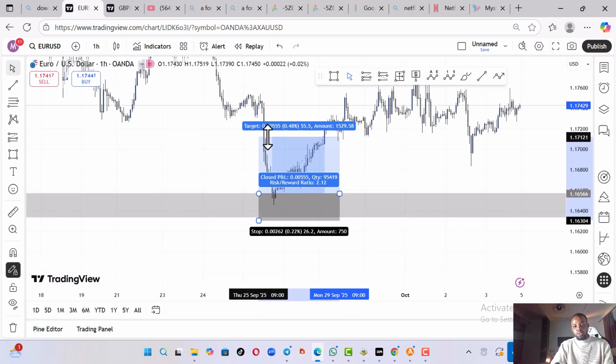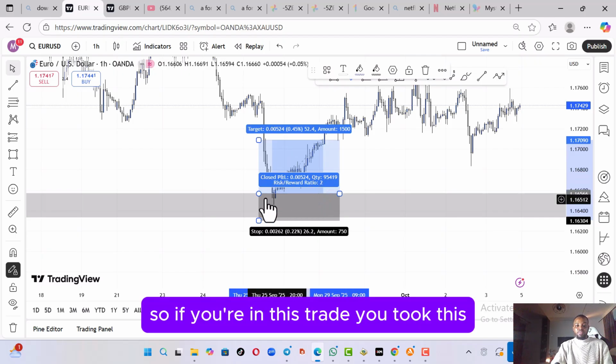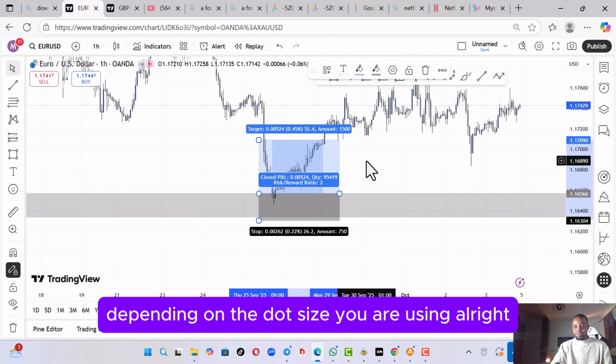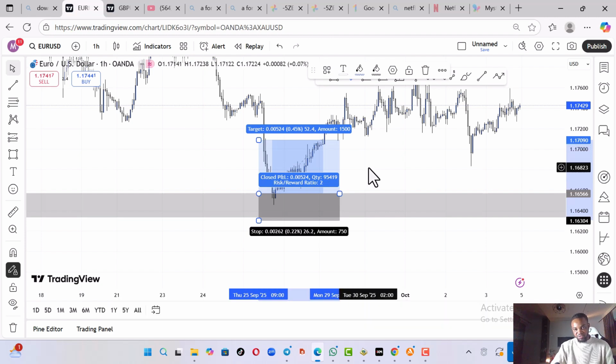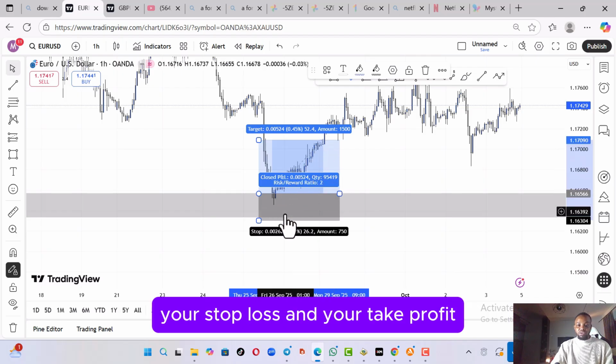See, your reward ratio is here, 2. So if you took this trade, you would have made some amount of money depending on the lot size you are using. Alright, so this is how you set your buy, your stop loss, and your take profit.